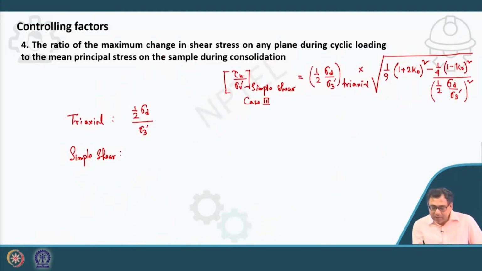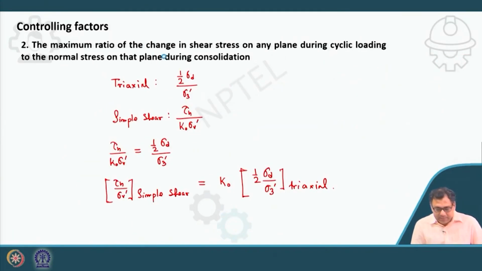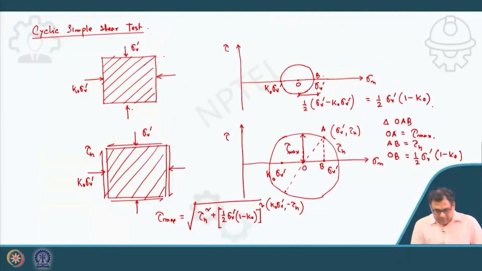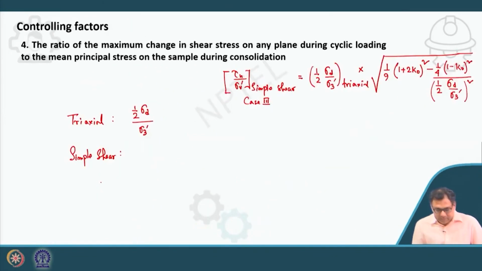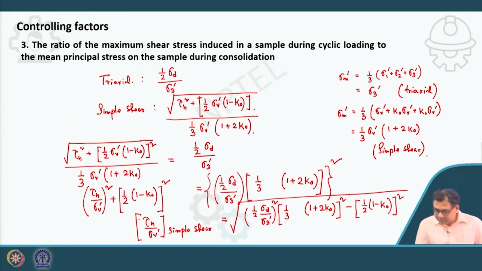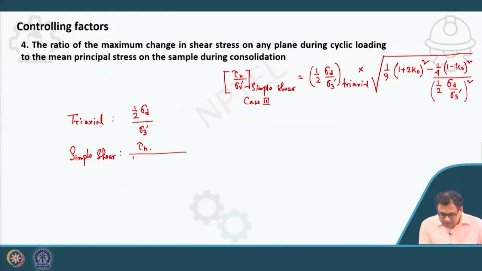But here it is again any plane. So the change in shear stress will be tau h, and the mean principal stress for simple shear will be half sigma v dash, 1 plus 2 k0.